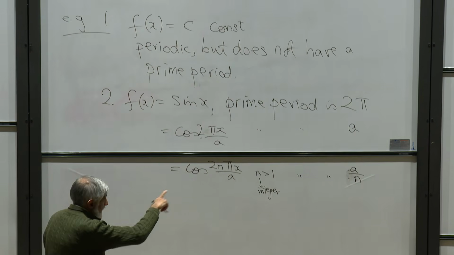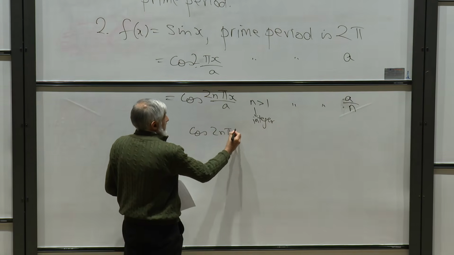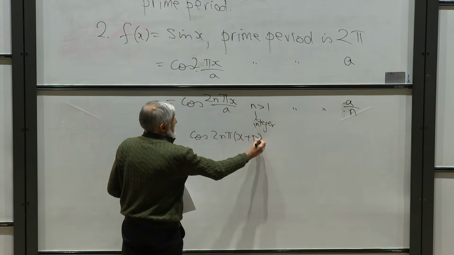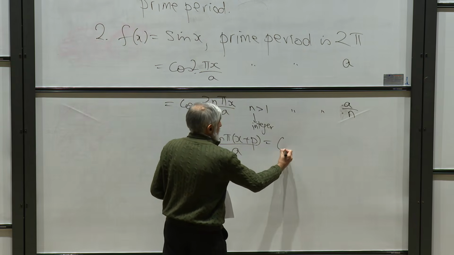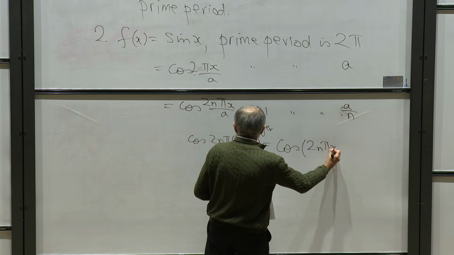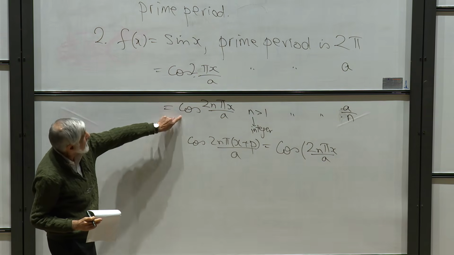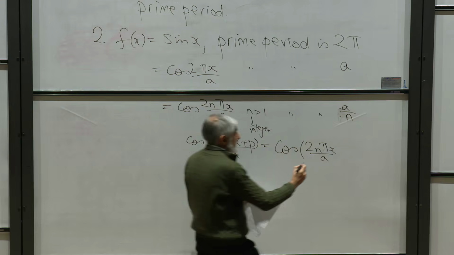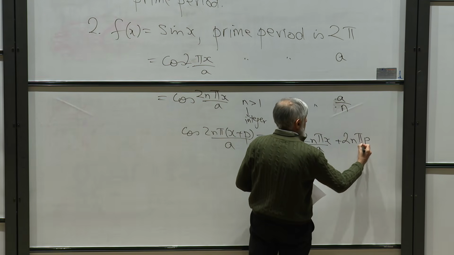And just quickly, how do we do that? Cos of 2 pi n times x plus p, over a, equals cos of 2 n pi x over a, which is the f of x, plus 2 n pi p over a.